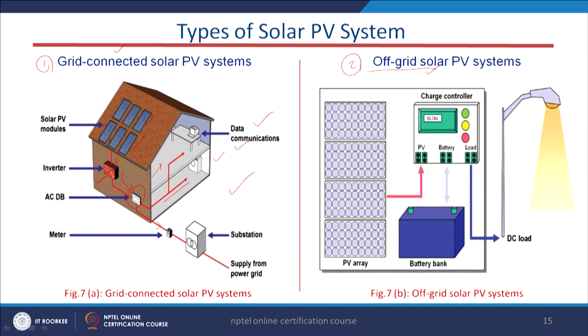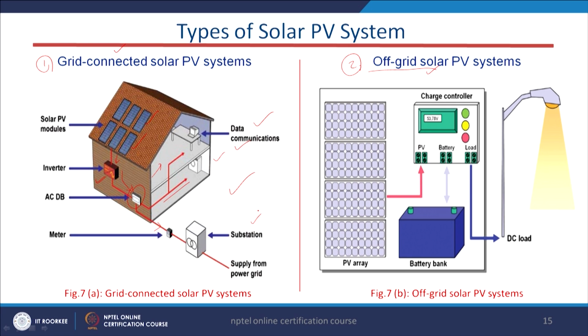That is what data communication means. Then the rest of the power, if we have any surplus, is sent to the nearby substation. The substation will receive the surplus power.